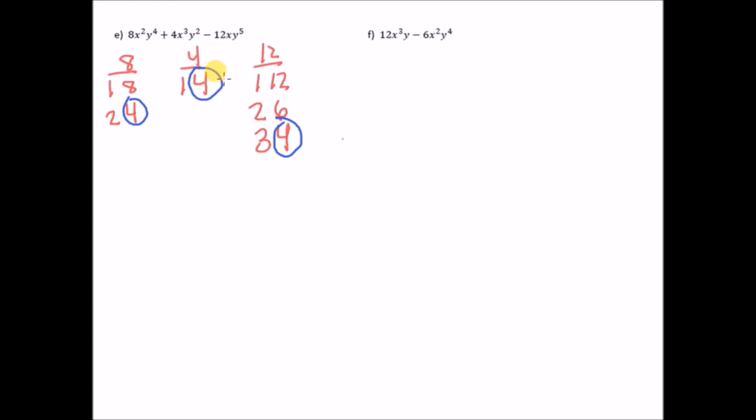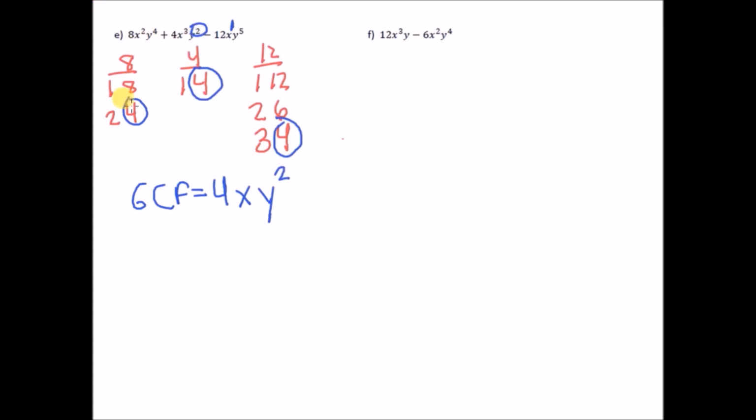Okay, now let's take a look at our variables. Okay, we have x squared, x cubed, and x. So that's good because now we see that we have x in each one of these terms. Okay, the lowest exponent is that 1. Okay. We have y to the 4, y squared, and y to the 5. The lowest exponent is that squared, y squared.